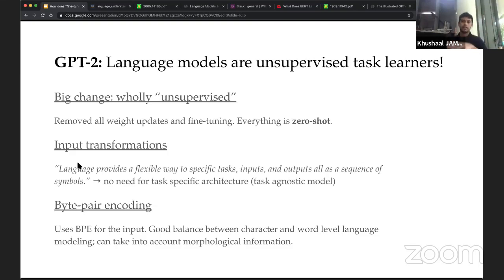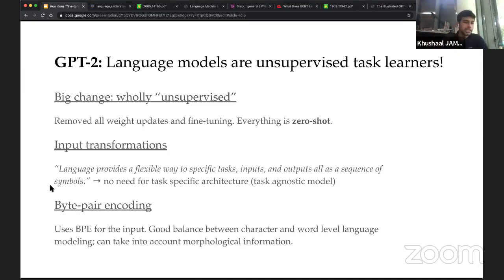You'd pre-train and then go into your evaluation. I think this is where the idea of input transformations was really developed, in that previously you had minor architectural variations, and now all architectural variations are gone. I put a little quote here which I think encapsulates the authors' philosophy: language itself specifies everything.